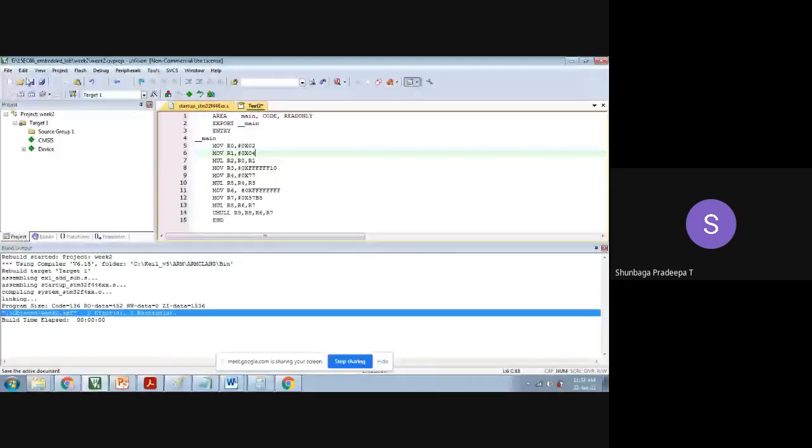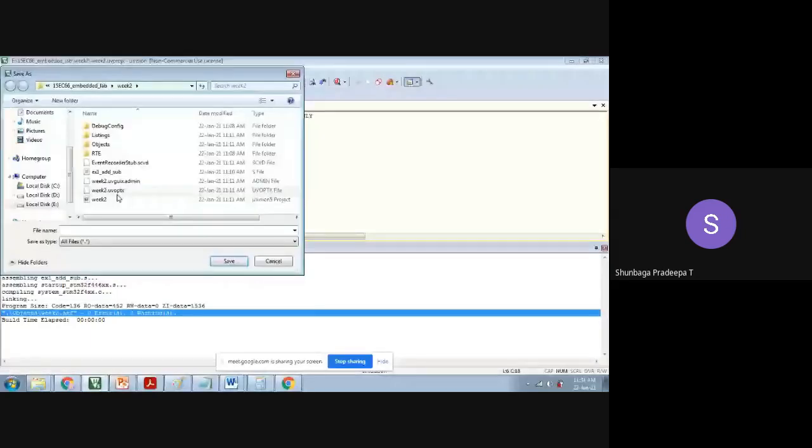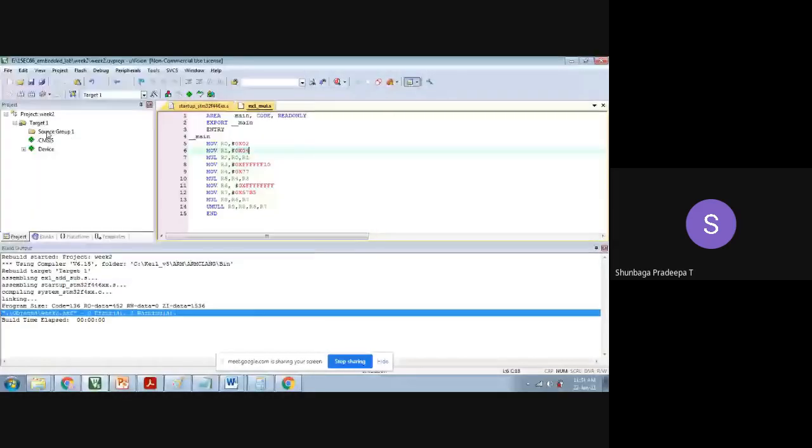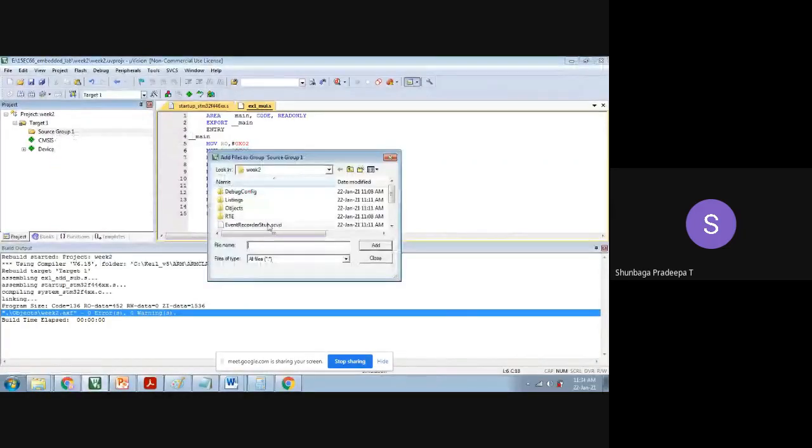So now I will save this file as example 2 multiplication.s, the extension. Now I will add this file to the existing project. We have to select which file we want to add. So we will select the multiplication. So this multiplication code is now added.